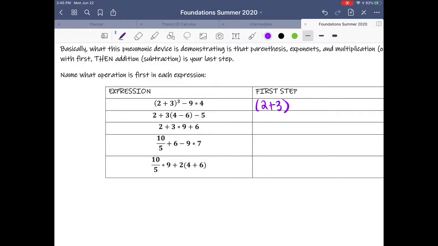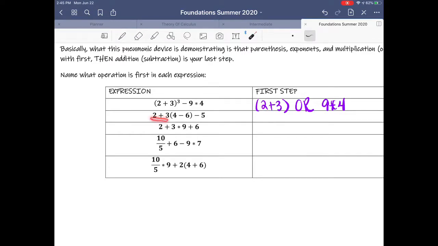But technically, you could actually do multiplication first if you wanted to. This is a group. So you could deal with that group first. That's not wrong.